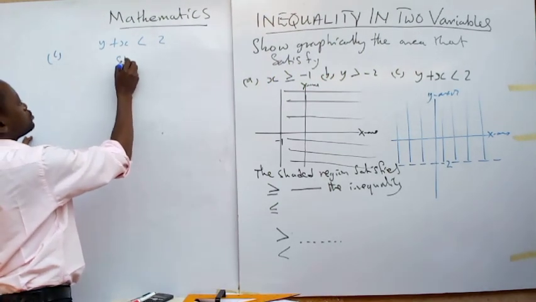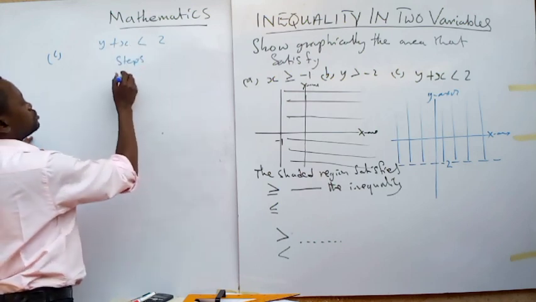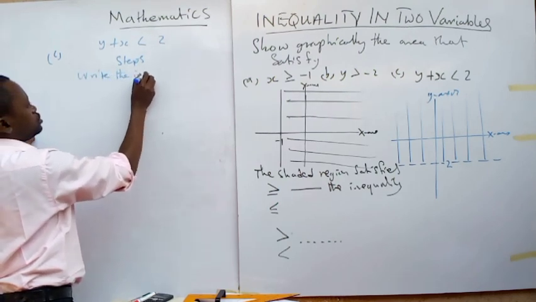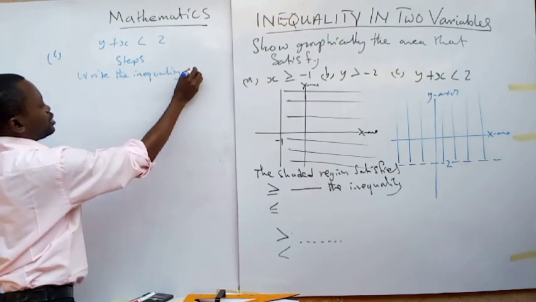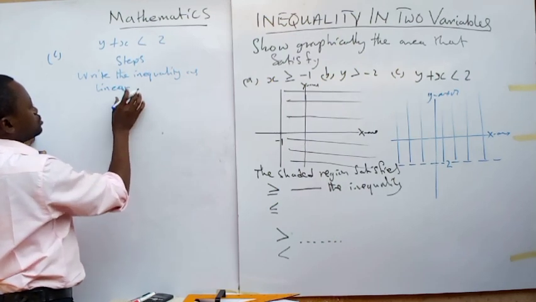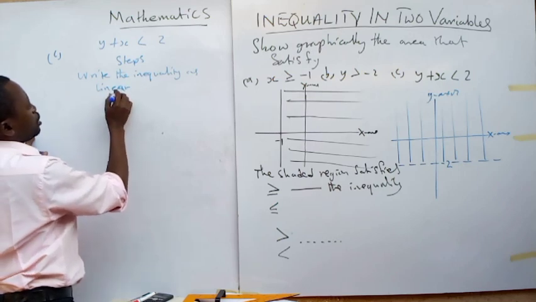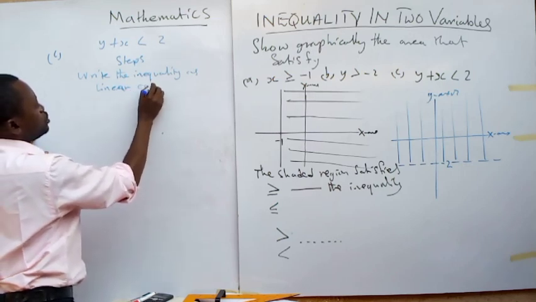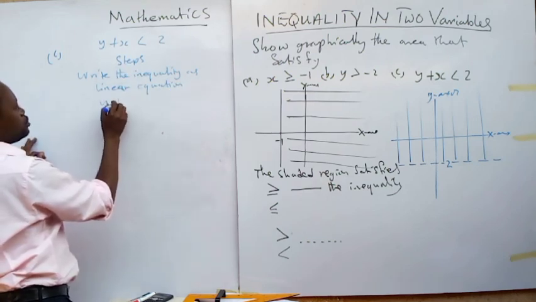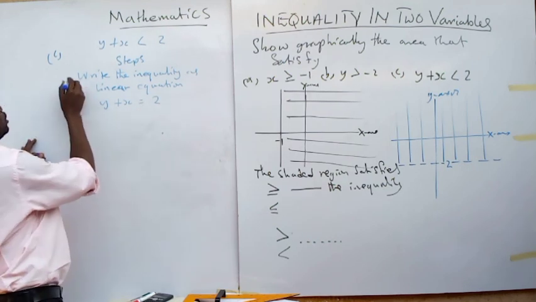Let me take my time and do that because I'm interested in your understanding this as a linear equation. So what will happen is that we will now have y plus x equals to what? 2. Do we get?